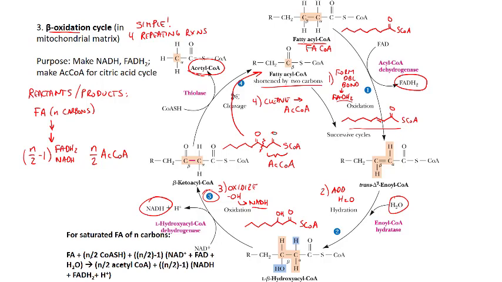Fatty acid plus N over 2 coenzyme A plus N over 2 minus 1 NAD plus FAD and H2O give you N over 2 acetyl-CoA and N over 2 minus 1 NADH and FADH2. This is for saturated fats.